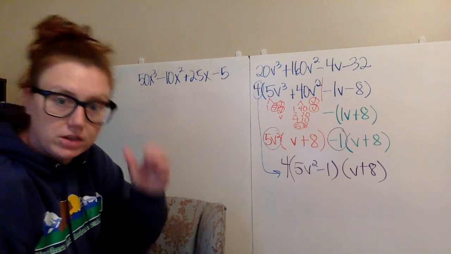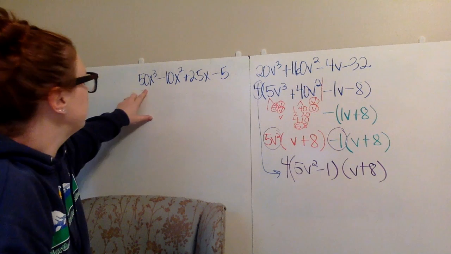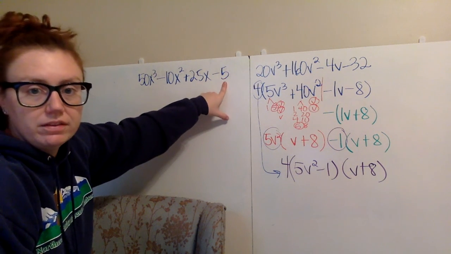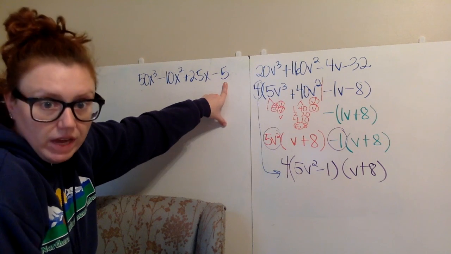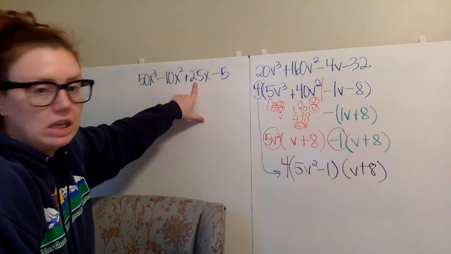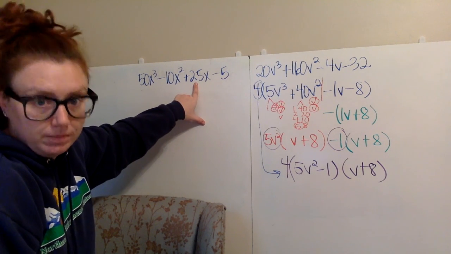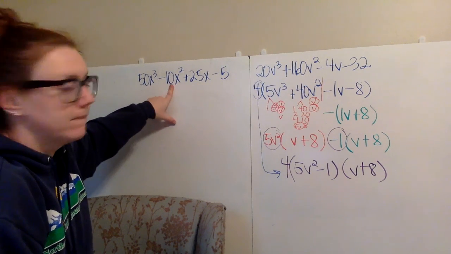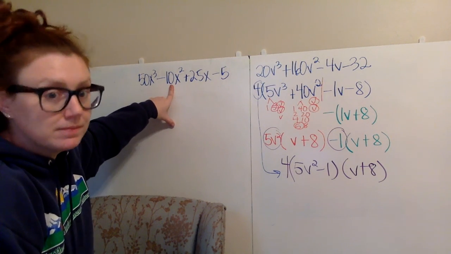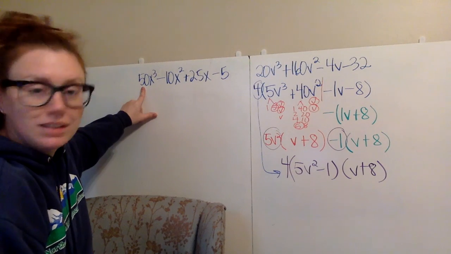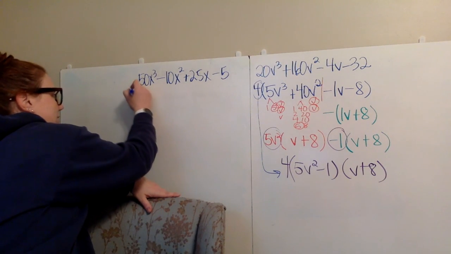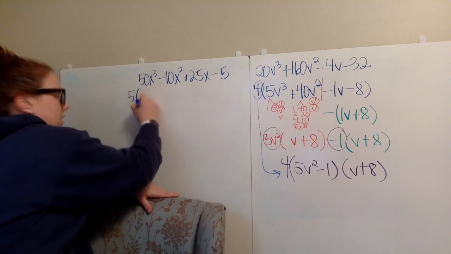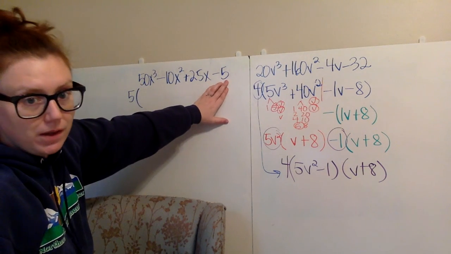So let's see, is there a GCF? Smallest value is 5. 5 can be divided by 1 and 5. Can it be divided by 5? Yes. Divided by 5? Yes. Divided by 5? Yes. So I have a GCF of 5. No variable, because they don't all have variable terms.